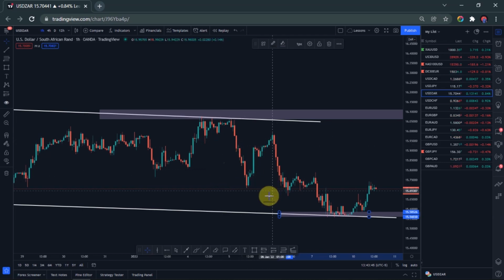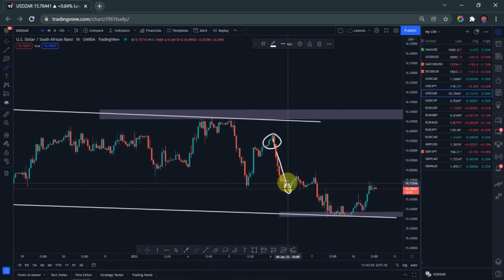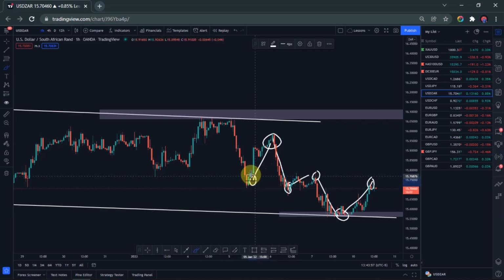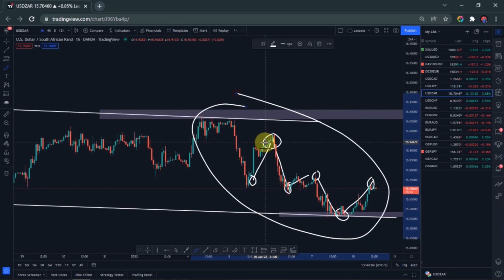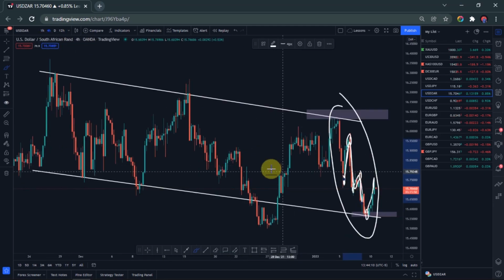Now the market gives you an opportunity to say, okay, trader, you can now focus on these smaller waves, because those are the waves that are going to establish an entry point for you. So you are now only focusing on this wave, and you are taking advantage of the smaller patterns inside the bigger pattern which you saw on the high time frame.